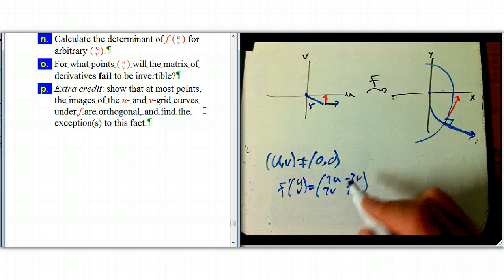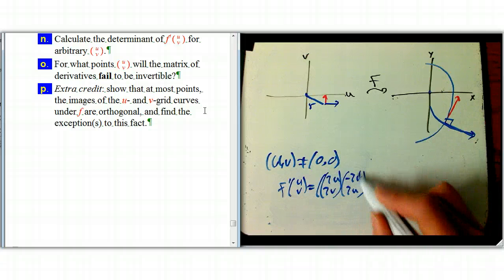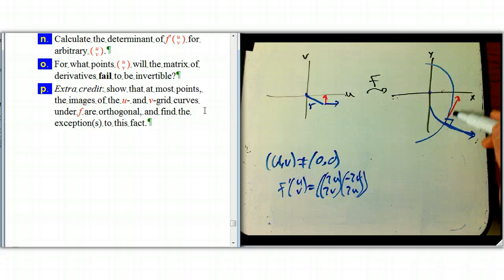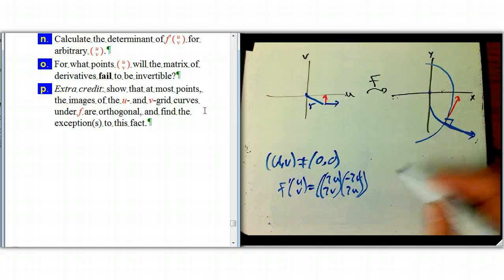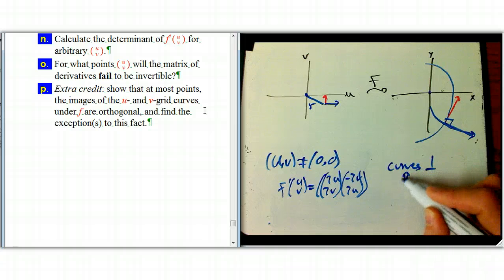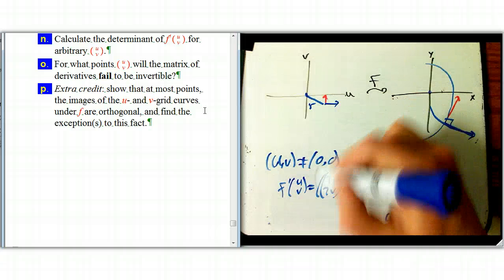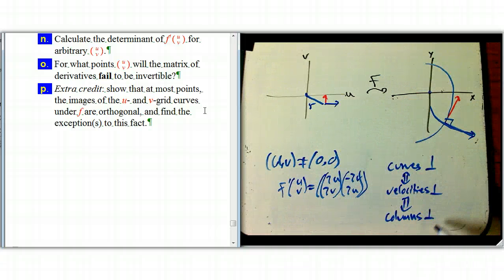Well, what did we know? The columns of these were these velocity vectors. And so how do we show that two curves are orthogonal? The curves are going to be orthogonal if and only if their velocities are orthogonal, or if and only if the columns of this derivative matrix are orthogonal, and that's going to be if the dot product equals 0.